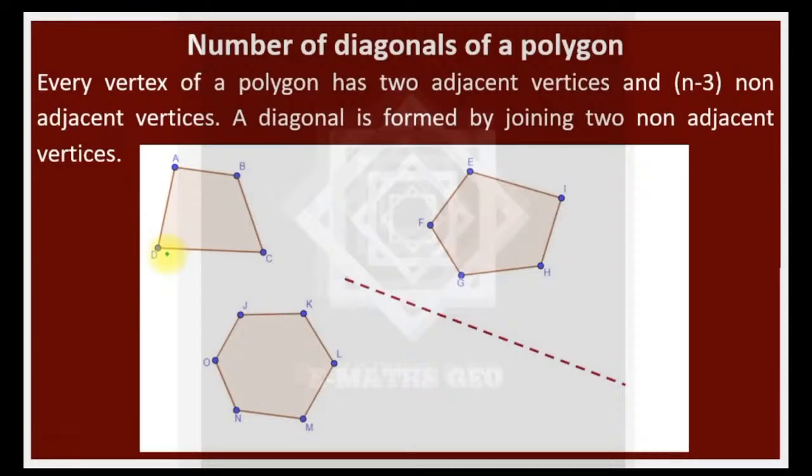So let's look at vertex B. A and C are the adjacent vertices of B. Do you get? So the one that forms a side of that polygon. So for vertex B, A and C are the adjacent vertices.